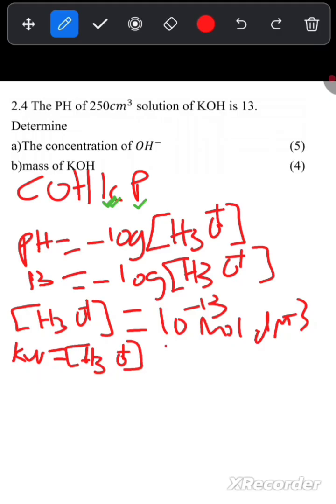Alright, now we start substituting. We say now the concentration of hydronium ions multiplied by OH minus is equal to 10 to the power negative 14.